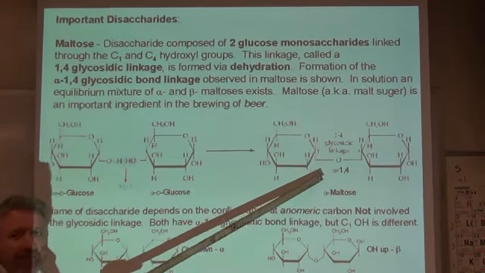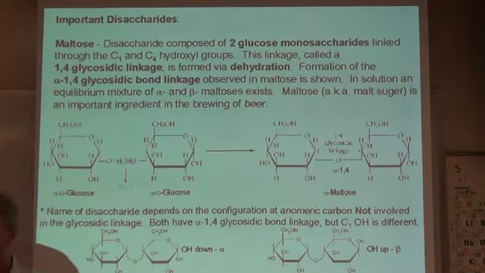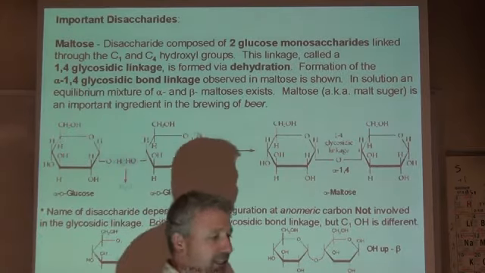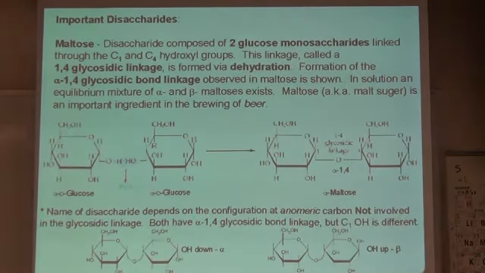This is an alpha 1,4 glycosidic bond linkage. This is the linkage that connects monosaccharides in glycogen and starch.